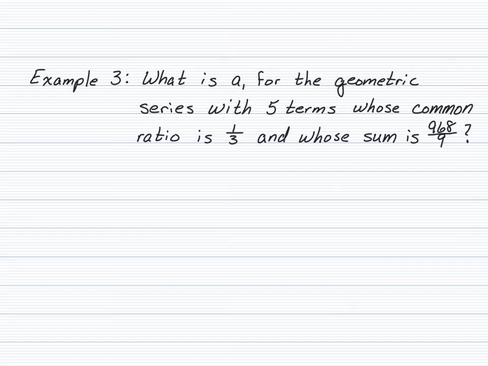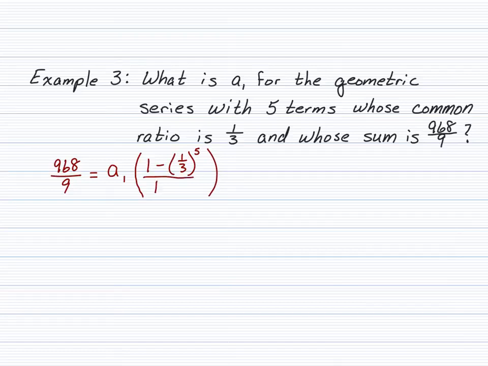All right, so we're going to take our 968 over 9, set that equal to our sum formula, which is a sub 1 times 1 minus your common ratio, which is 1/3, raised to the n power, where n is your number of terms, and we have 5 here. And all of this is over 1 minus 1/3.